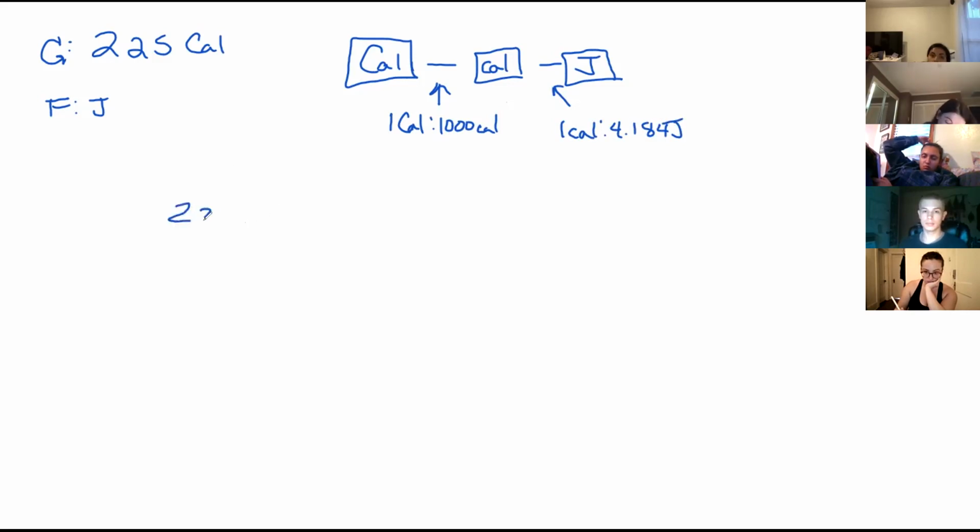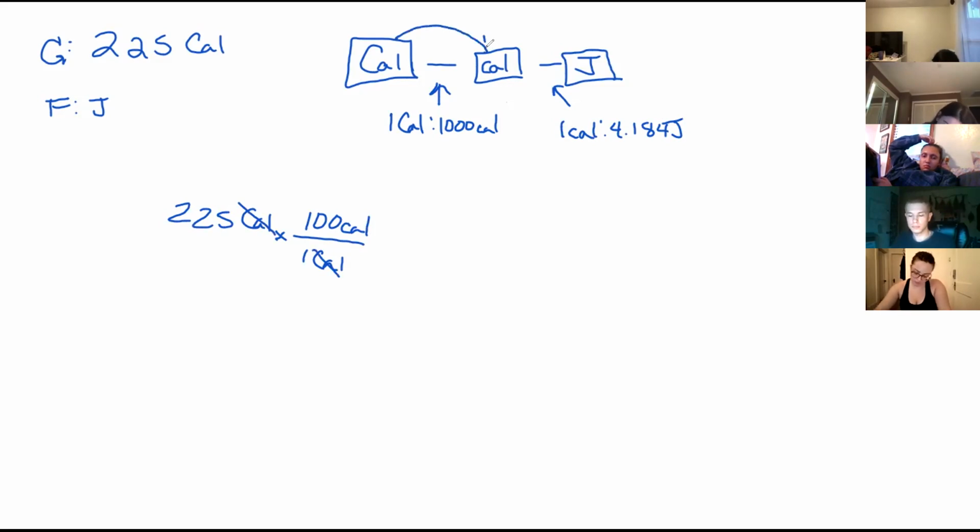So start with the 225 big C calories. I know that for every one big C calorie, I get 1,000 little c calories. Why do I put the big C calorie on the bottom here? Because I want those to cancel. That will get me out of this unit into this unit. Then from there, I want to go into joules.